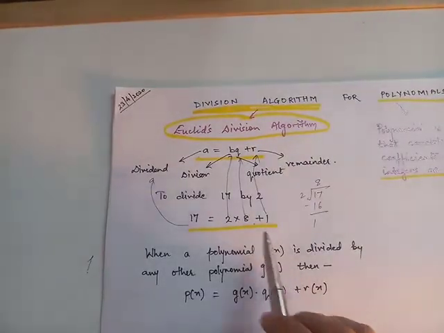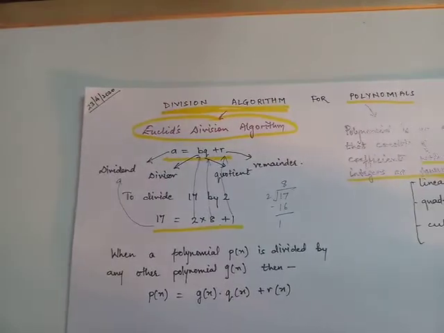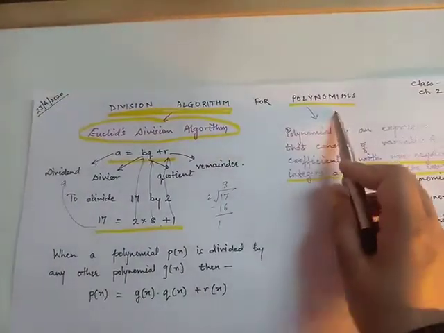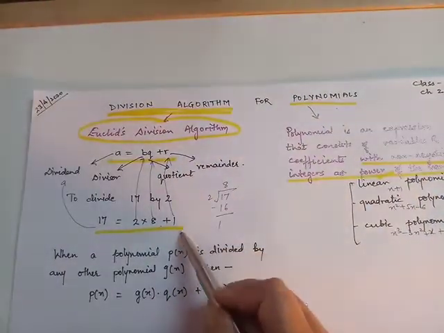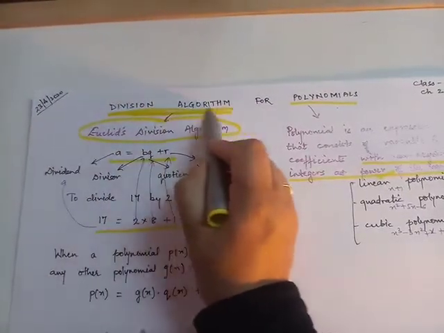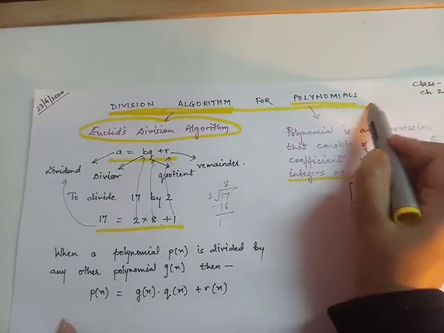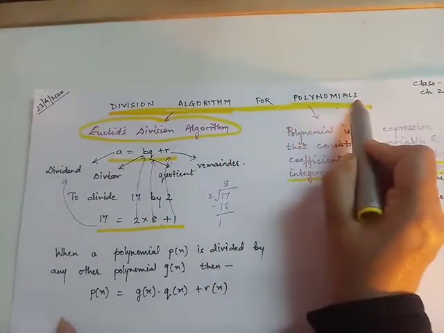So, we can write it like this when we divide 17 by 2. Now, similarly, when we apply this division algorithm on our polynomials, it simply becomes division algorithm for polynomials, and that is what we are going to study today.